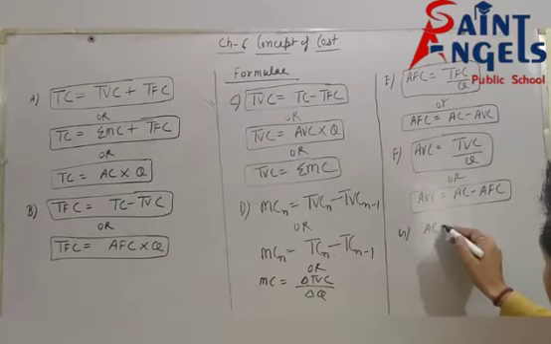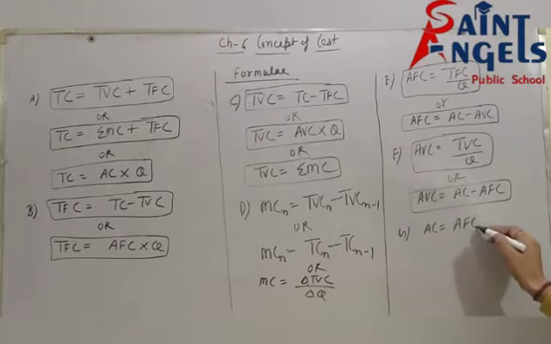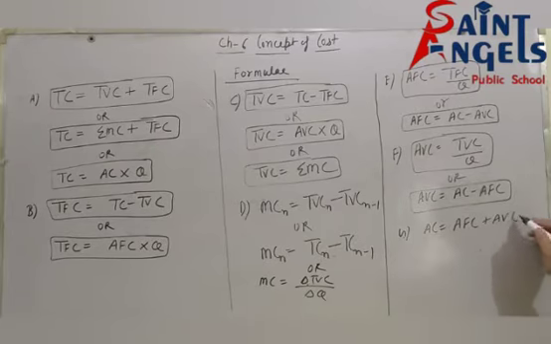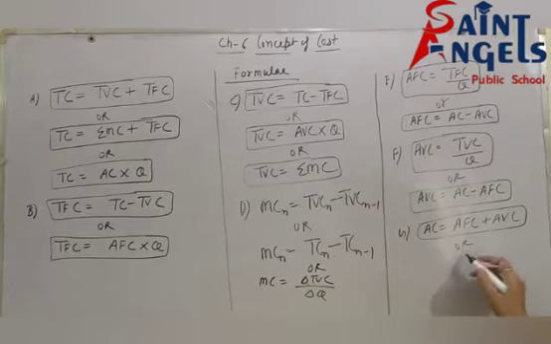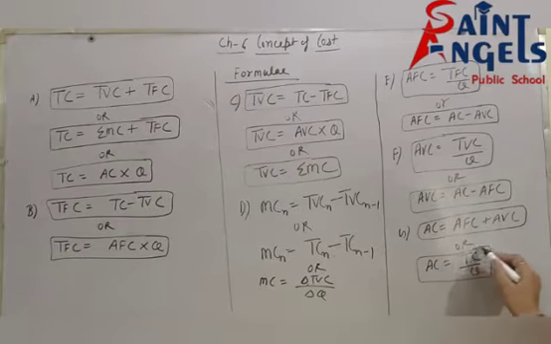AC is equal to AFC plus AVC. Or AC is equal to TC upon Q.